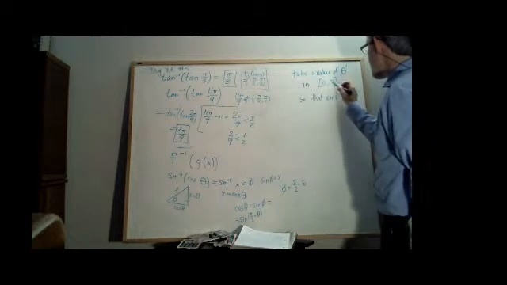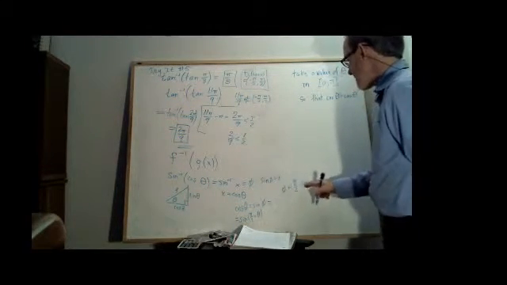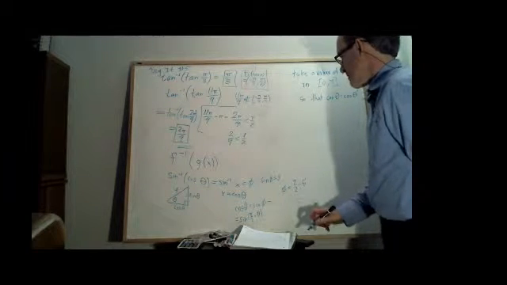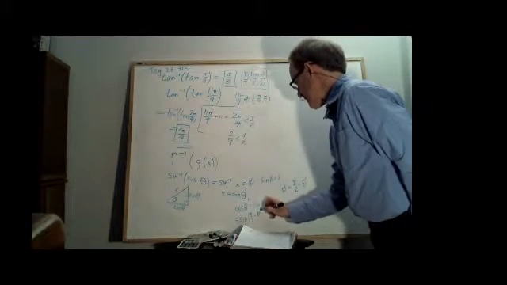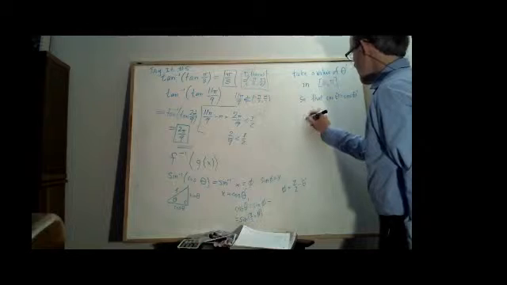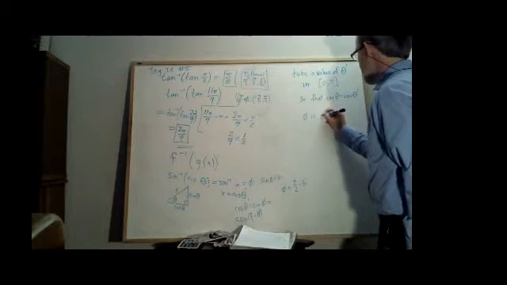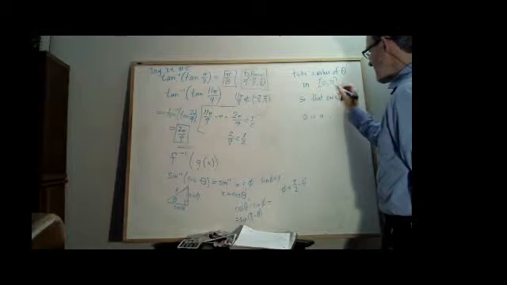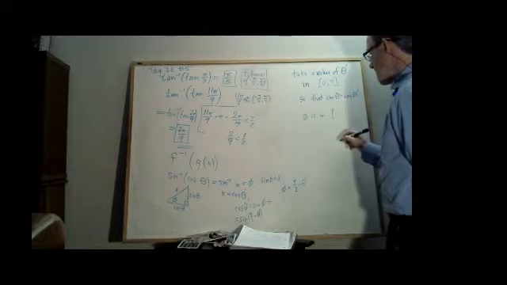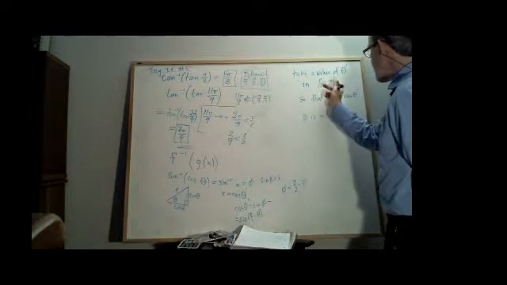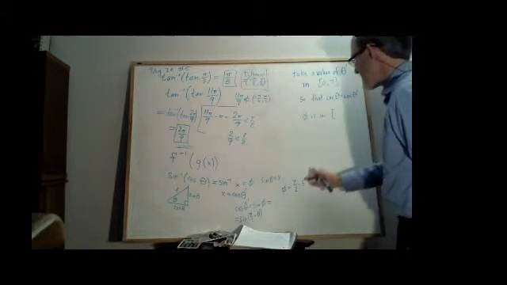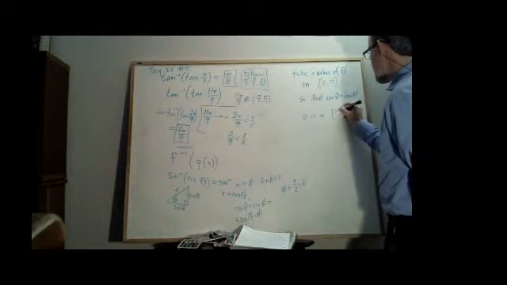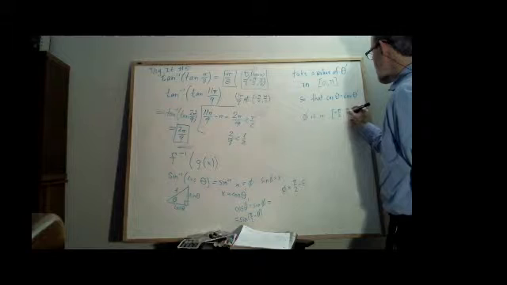So if theta prime is in this domain, then phi, all these are primed now, phi is pi over 2 minus these values. You are taking the negative of this, so it's from minus pi to 0, and then you're adding pi over 2, so it's minus pi over 2 to pi over 2.